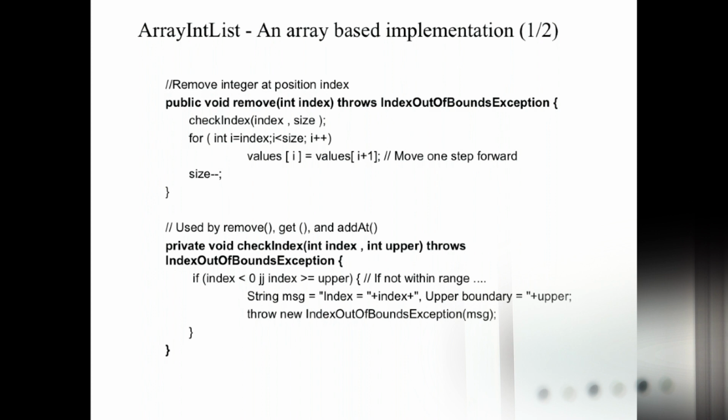For example, instead of removing, if you decide to call list dot add at, and specify the value, maybe 200, and the index 2, in that case, if you want to add a new value instead of 20 at this position, then you have to move this element one step towards the right, so that you can add a new element at this position.